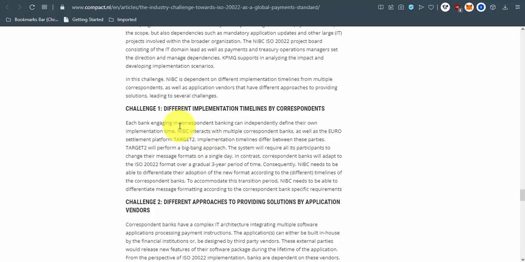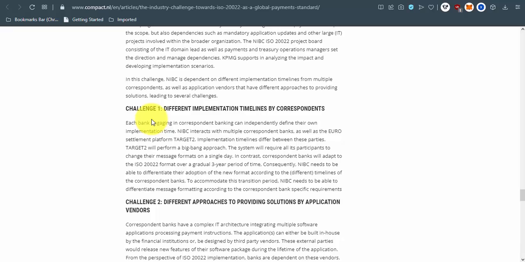However, the correspondent banks, the banks that are indirectly connected to the TARGET system, may not necessarily migrate to ISO 20022 in November, but they have a time frame. They can migrate in their own time, so long as it's between 2022 and 2025. That's their time frame.